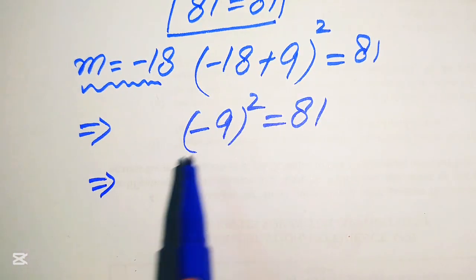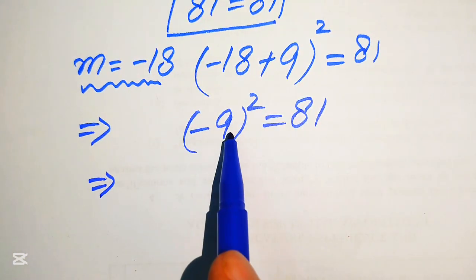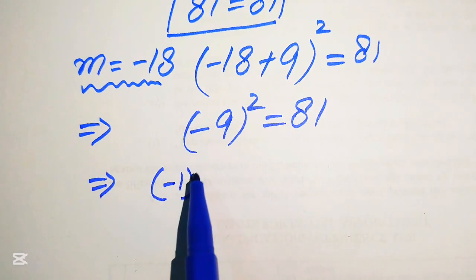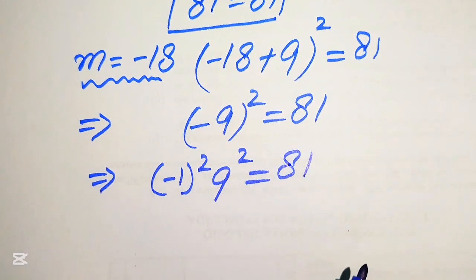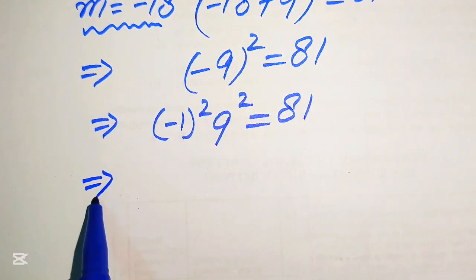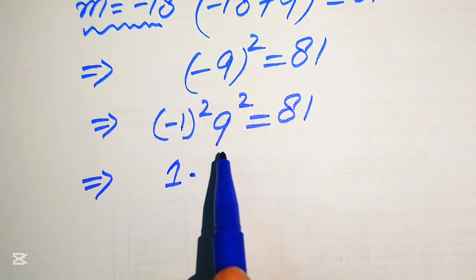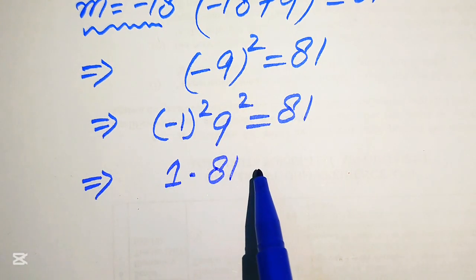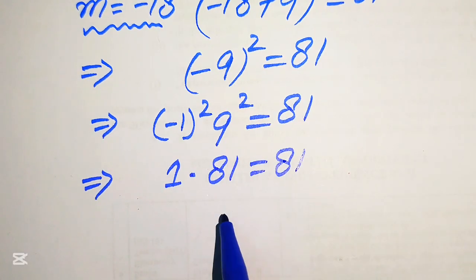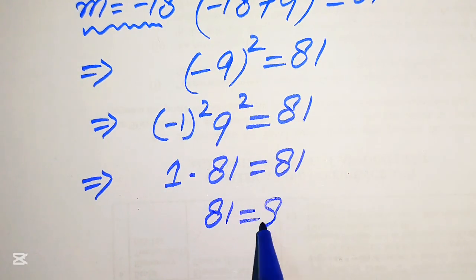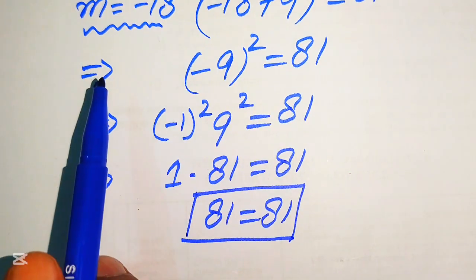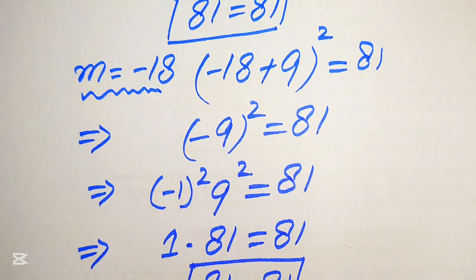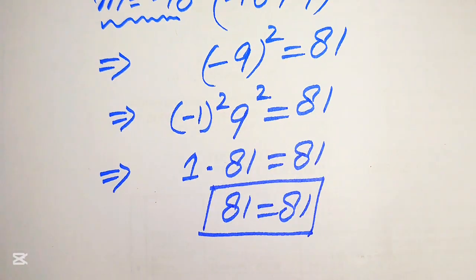Here we separate the square of the minus term and 9, so we write (−1)² and 9² equals 81. So (−1)² equals plus 1, and 9² equals 81, so we get 81 equals 81. This shows that the value m = −18 satisfies the given question statement.